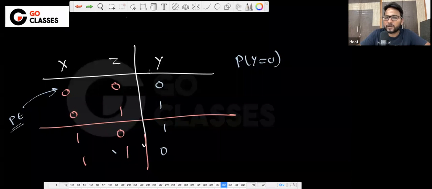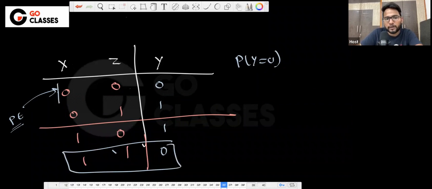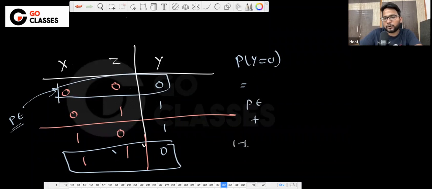Y being 0 in this case is just a byproduct, which means it automatically happens. There is no probability needed for that. Whenever X is 0 and Z is 0, automatically Y is 0, right? So what is the probability of Y being 0? It can happen in two cases, this case or this case. So those probabilities are P into epsilon plus 1 minus P into 1 minus epsilon, right?